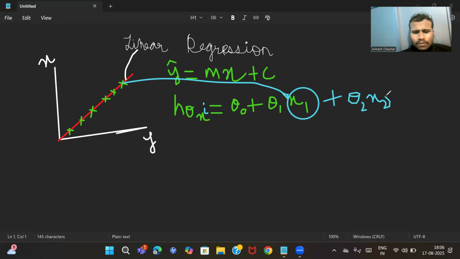Similarly, if we go ahead till the value of n, a time will come when there are multiple points, and my theta value will be theta n, and my x value will be x n. So this is for multiple data points. When we take multiple data points into consideration, we write it like this.